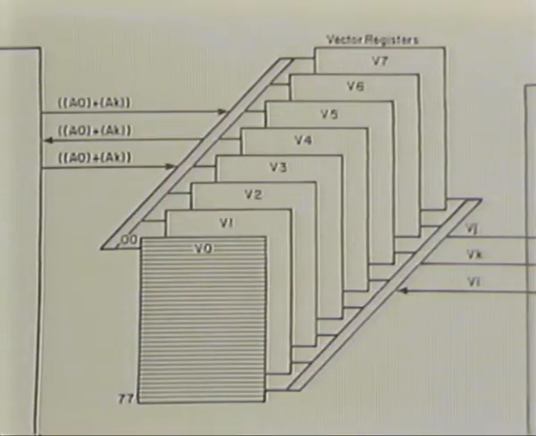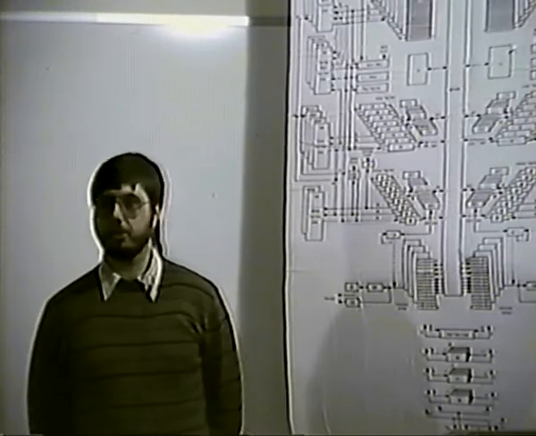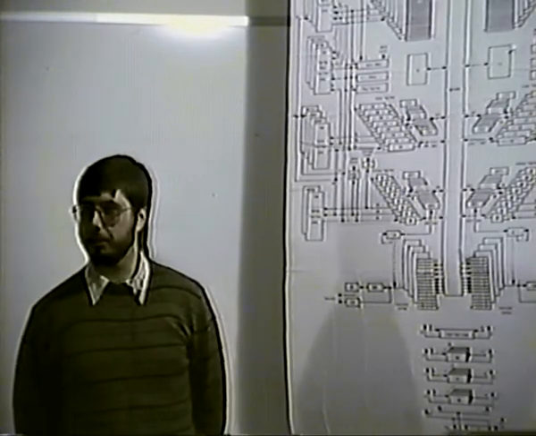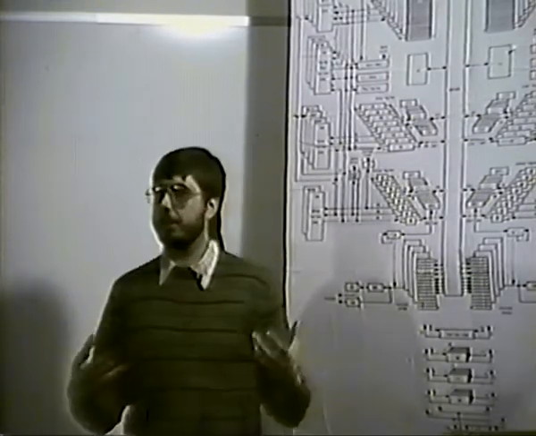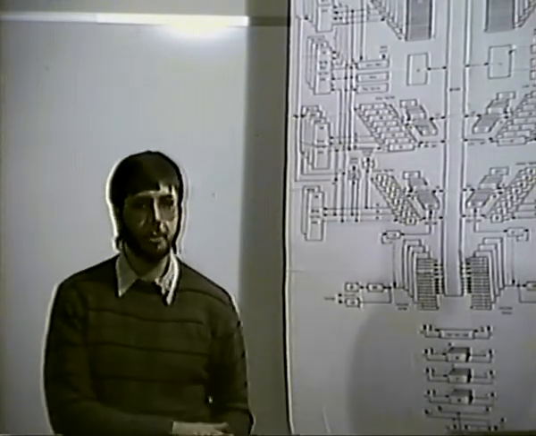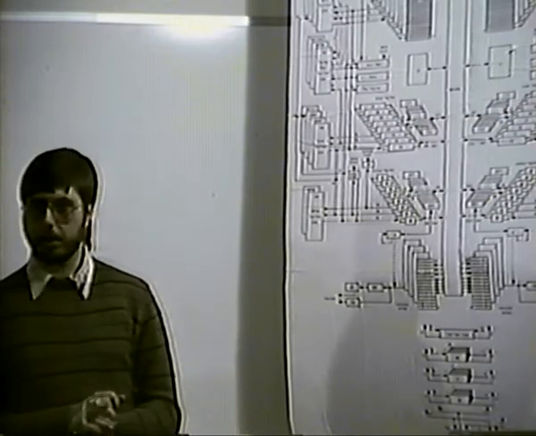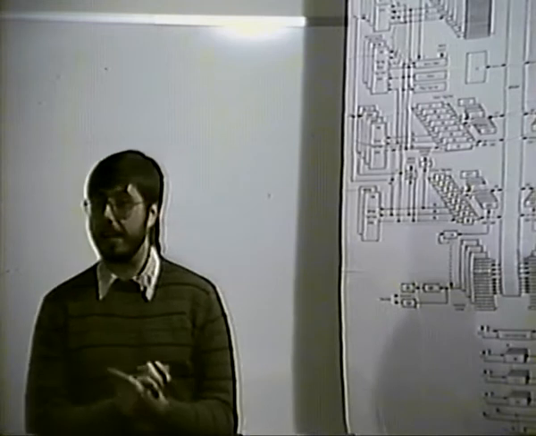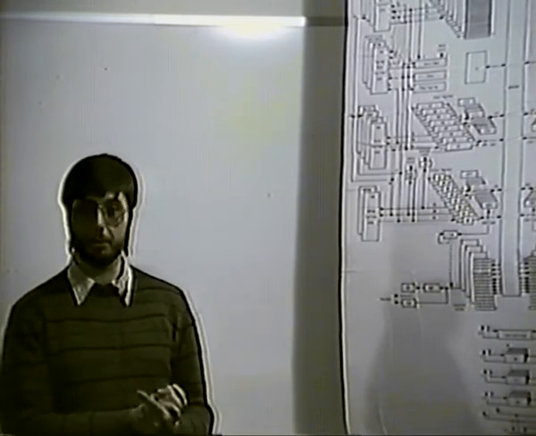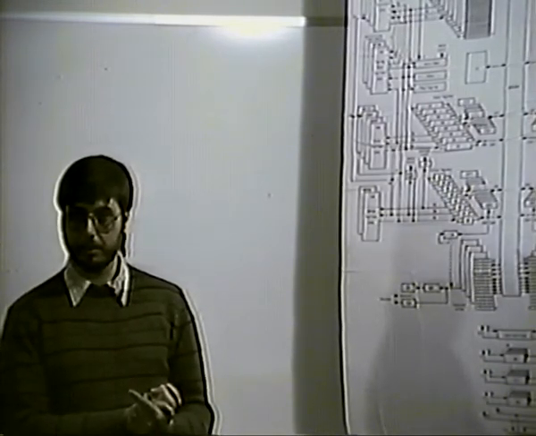So if you take vector register 2 and vector register 1 and add them together and put them in vector register 0, you're not just getting one 64-bit answer back. You could be getting up to 64 64-bit answers back. So there's different parts of a vector register which we're going to call elements. All right, so every vector register is 64 bits in length, and it's made up of 64 elements.